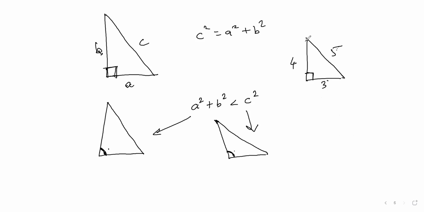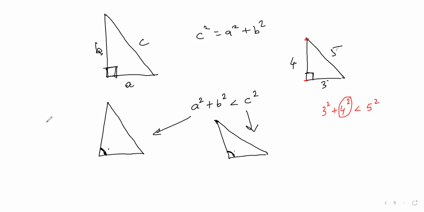Till here it is 4, and for 3 square plus 4 square to be lesser than 5 square, this side would have to be not 4, but lesser than 4. Only then would it be lesser than 5 square.